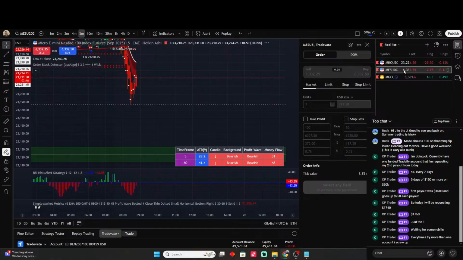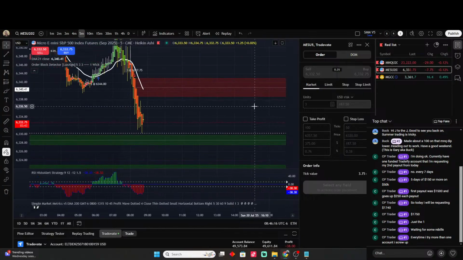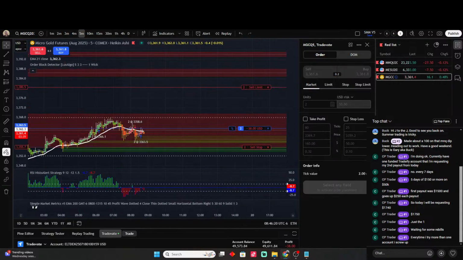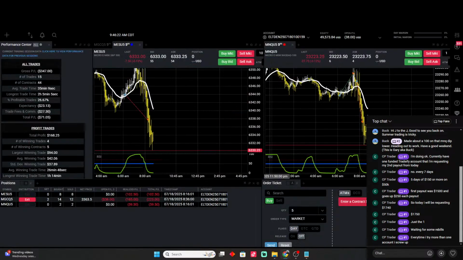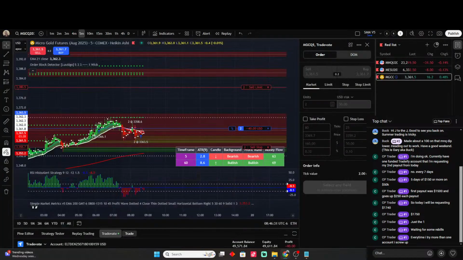I think that's a bull trap. Yeah, I think those are bull traps. I'm not going to touch that. Yeah, those look like they're trying to trap. We'll see what happens, but this could be a crazy day.